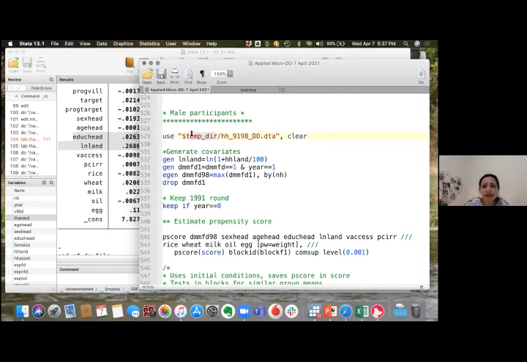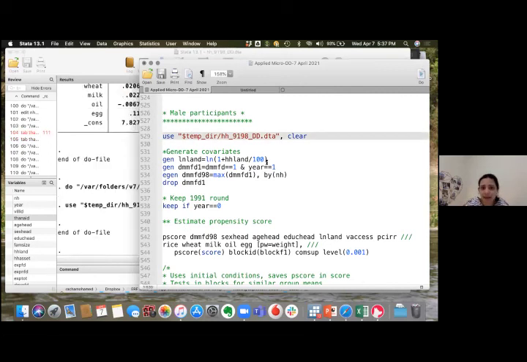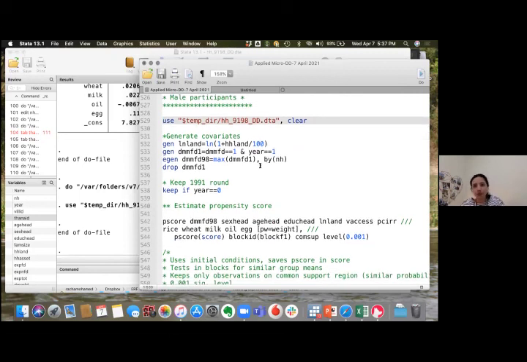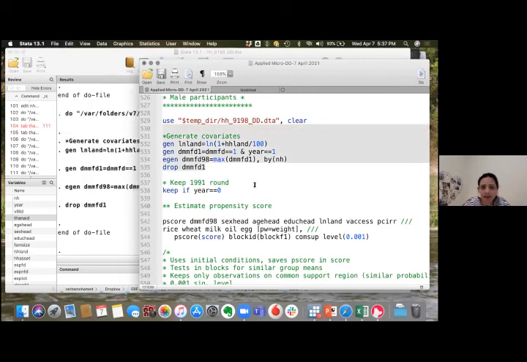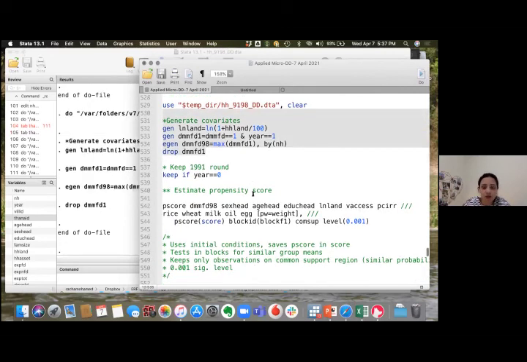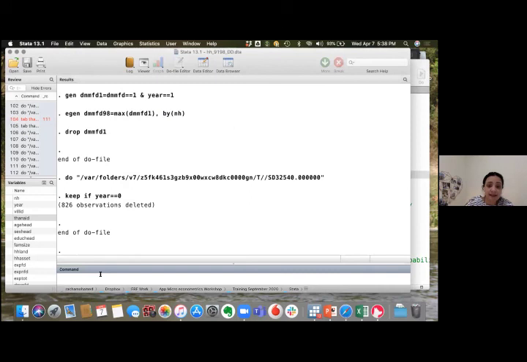So I will use again the data set where I have panel data, because now I want to return back to the time dimension. These are my variables of interest, the same as we created. Again, I am creating them here because I am not saving it. Okay, I will keep the data at year 91, the characteristics of year 91.